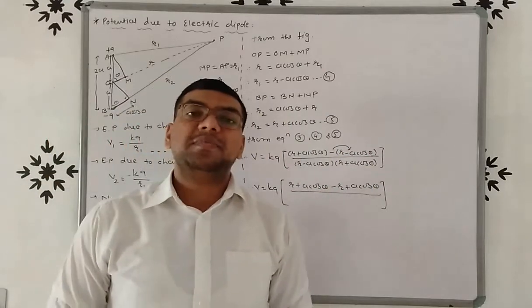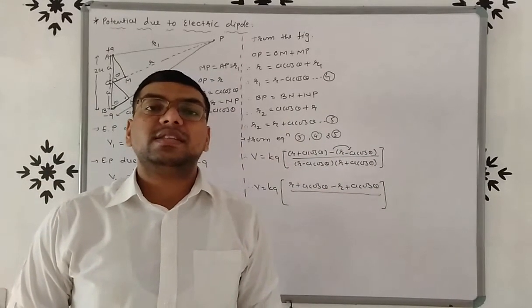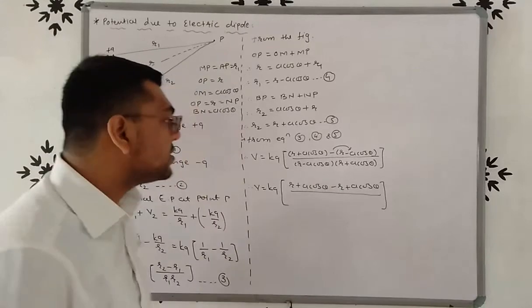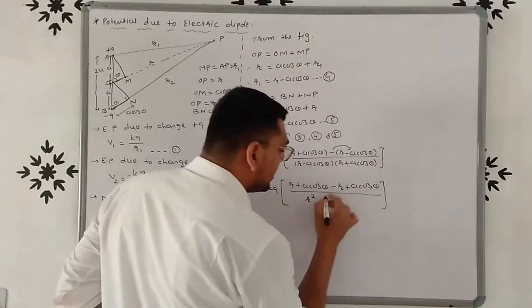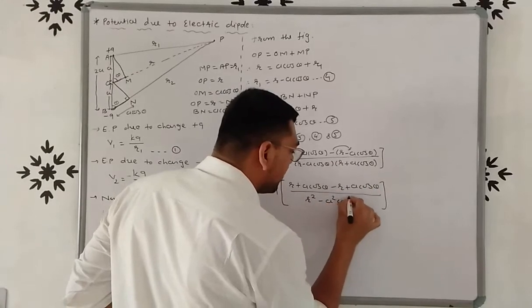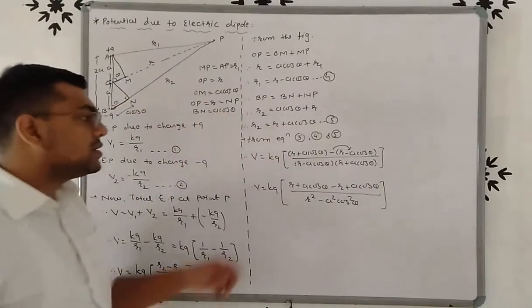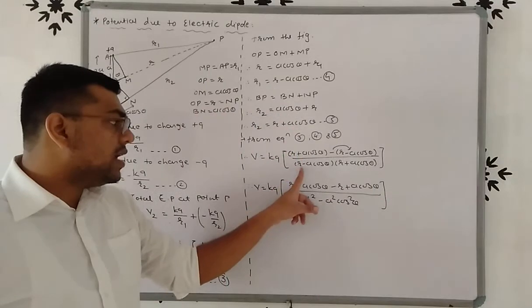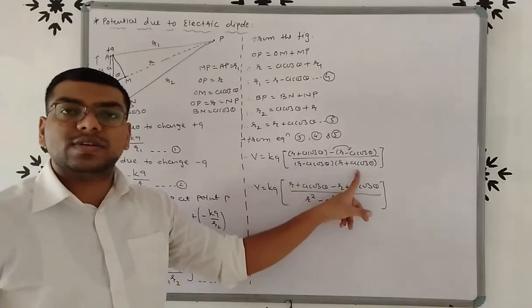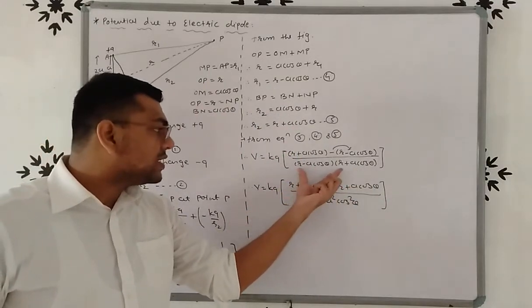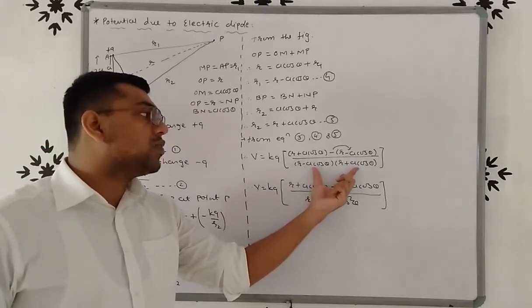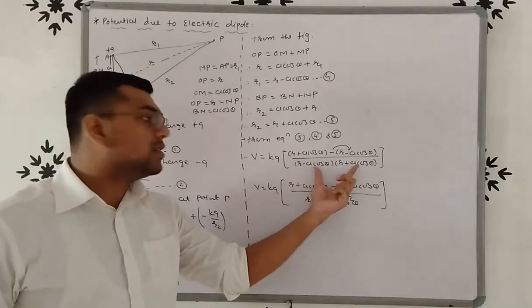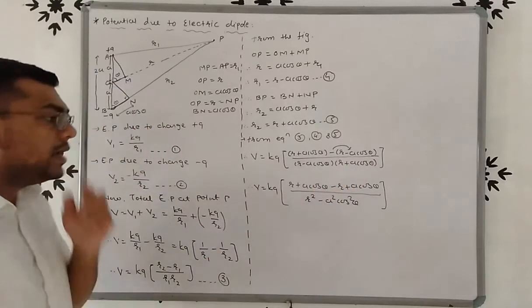We know that A minus B into A plus B gives A square minus B square. So here R square minus A square cos square theta, because A square means R square, minus B square means A cos theta whole square, that gives A square cos square theta.